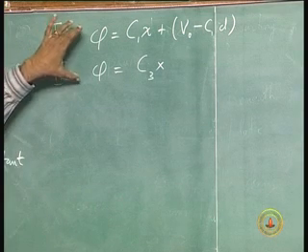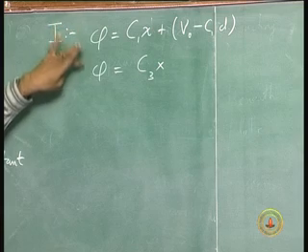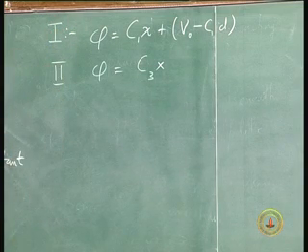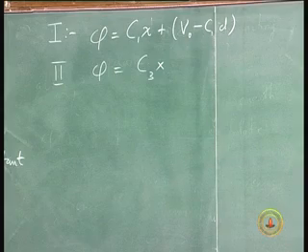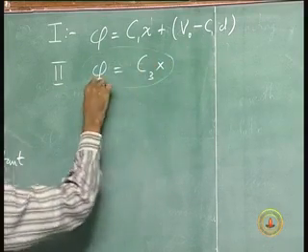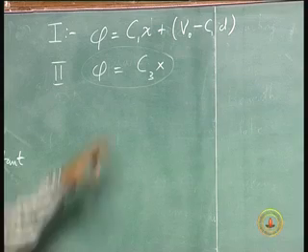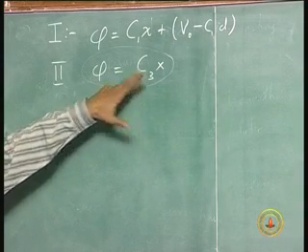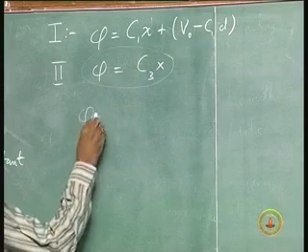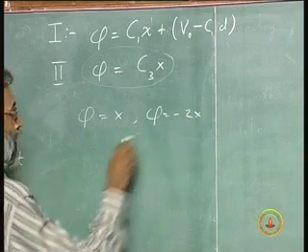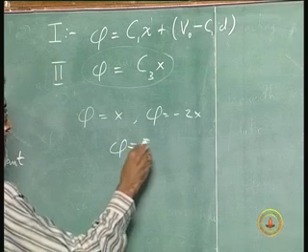Now, what I am going to do is connect up these two solutions, and this is where once again the uniqueness theorem comes in. Now, you can see that in region 2, I have a solution for potential, but the solution has a free parameter. So, the solution could be phi equals x, or phi equals minus 2x, or phi equals 5x.